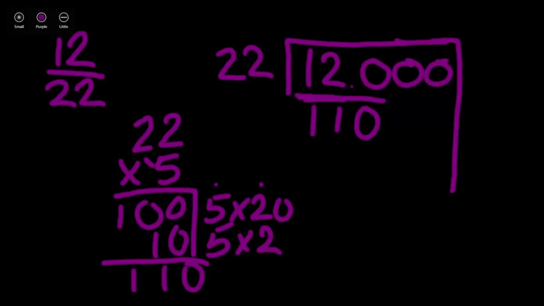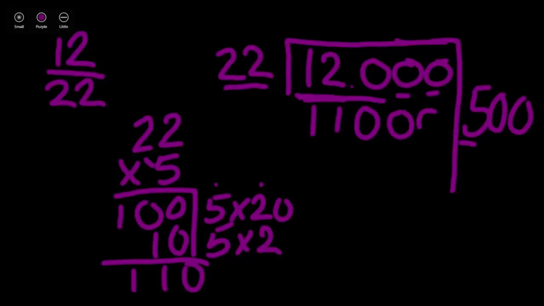So we know 22 times 5 is 110, and we add our 2 zeros into our answer. Remember, it's all about looking at the simpler problems and then adding the zeros in as placeholders.